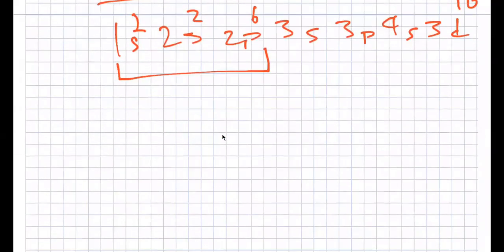So what is the electron configuration for carbon? What would it look like? 1s2, is that right? Yeah. 2s2, because I have to fill up each energy level before I can put electrons in the next orbital. What's that called?